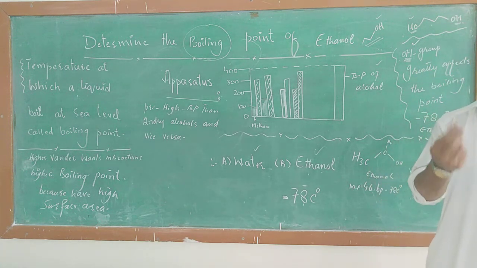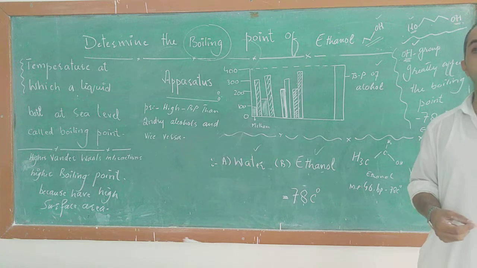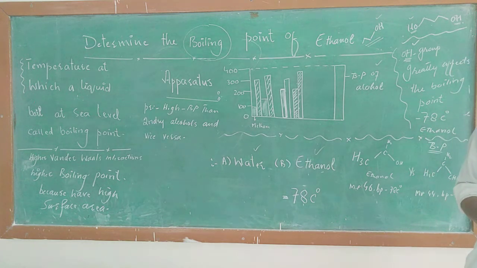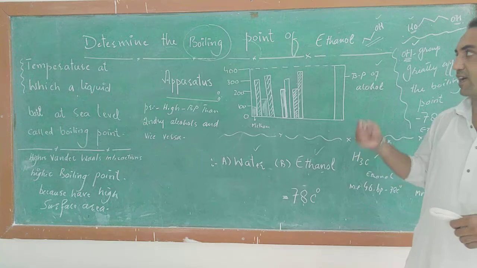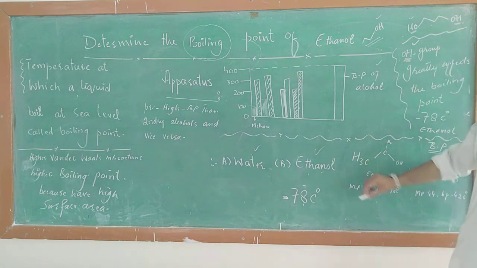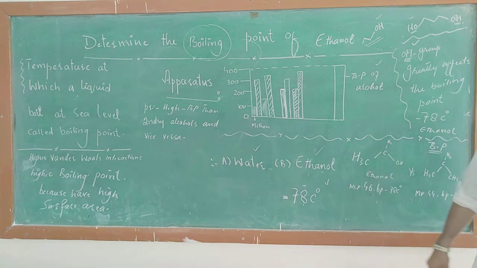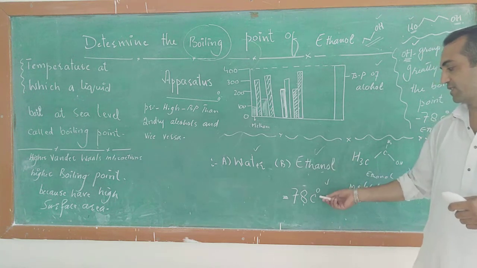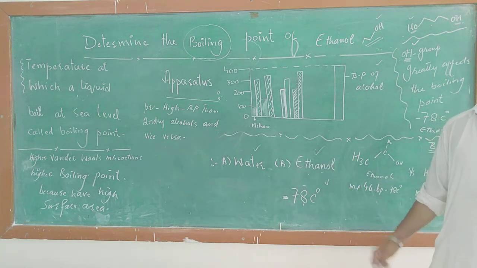We tie the capillary tube to the thermometer, and we will note down the temperature on that thermometer. The temperature at which the ethanol boils is 78 degrees. As we mentioned earlier, if it is in its purest form, it will have a 78 degree boiling point.